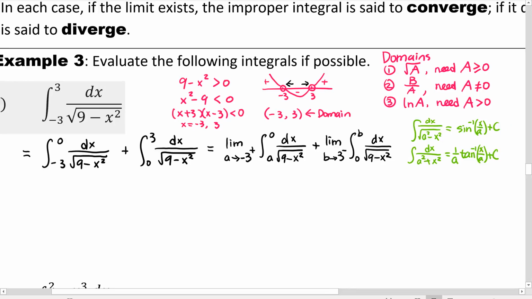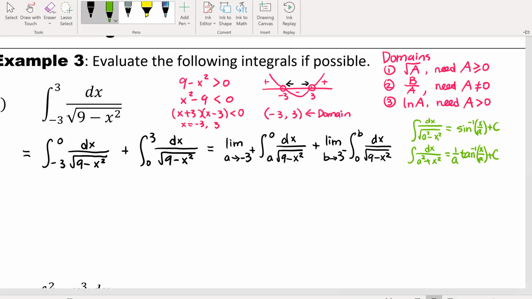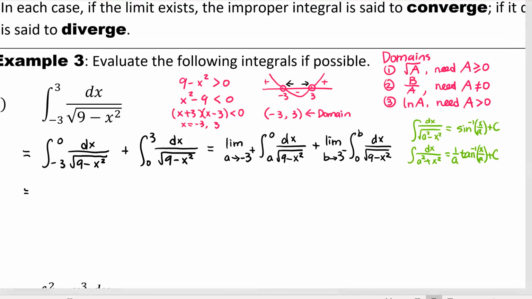So we have here square root of 9 minus x squared. The 9 is like 3 squared, so that's why here we continue.